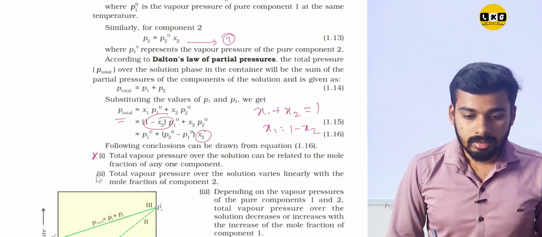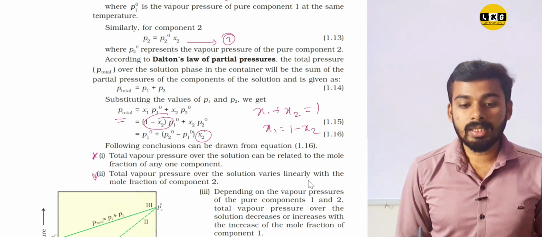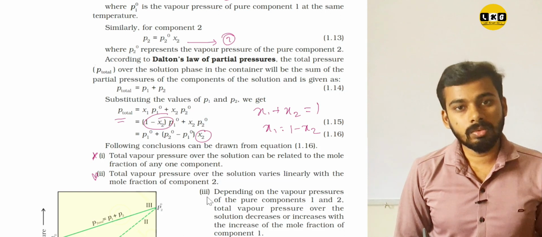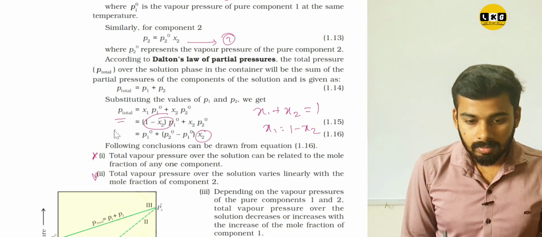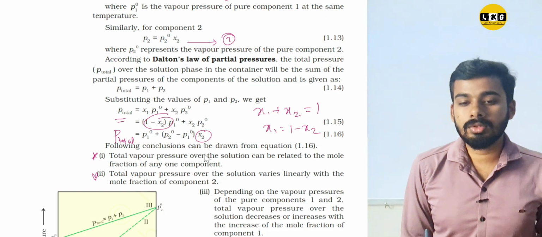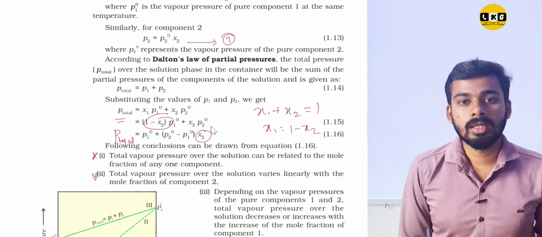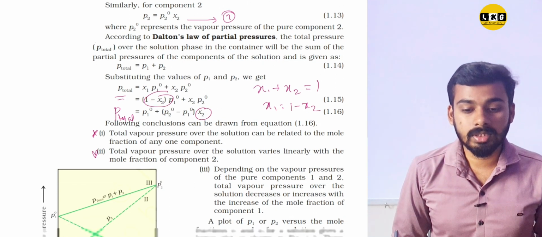Next, the second one: the total vapor pressure over the solution varies linearly with the mole fraction of component 2. See here, P total is directly proportional to X2. As X2 increases, P total should also increase because it is directly proportional. This is one more conclusion from this equation.